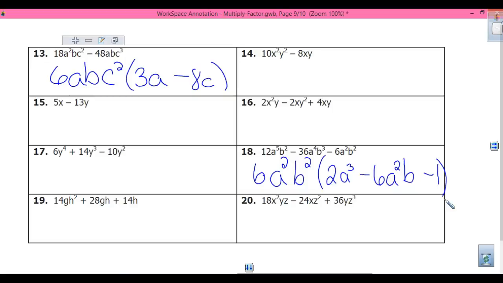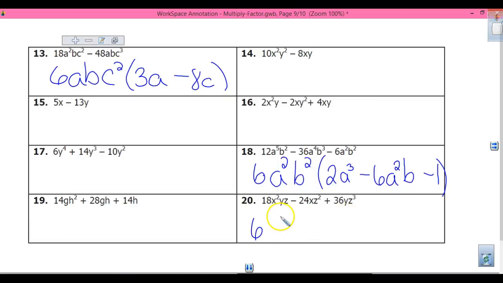Okay? Everybody do number 20. So look at your coefficients. 18, 24, and 36. 6 comes out. Now you're looking for x's. Is there an x in all 3 terms? No. So that means I can't take out an x, because it's got to be in all 3 of them.